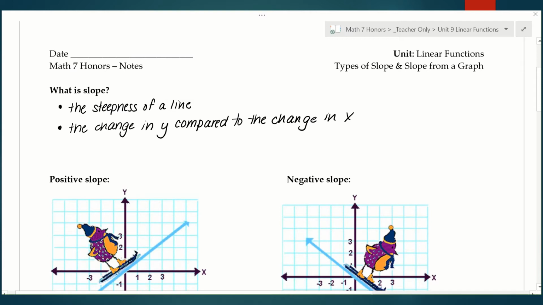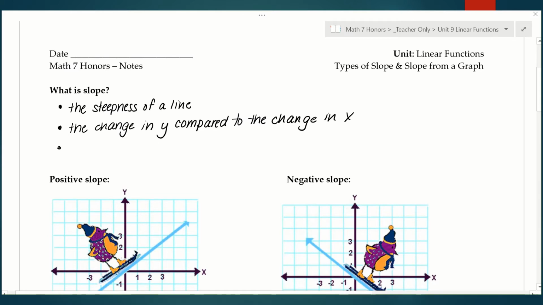So if you think about y being your y-axis, which is your vertical axis, and x being your horizontal axis, when we talk about the change in y compared to the change in x, it means how far am I going up or down compared to how far am I going over to the right.